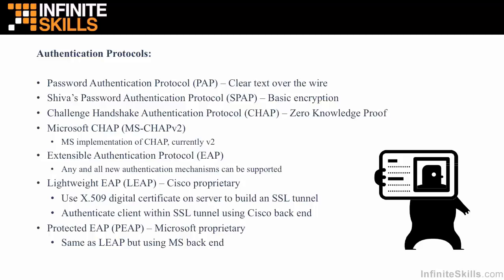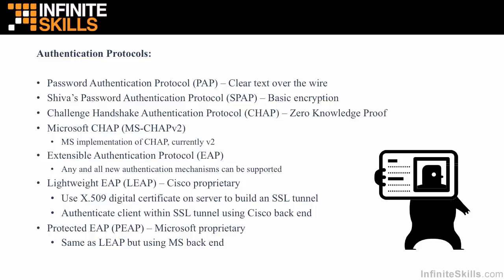An example of these EAP-supported authentication protocols includes Cisco's proprietary lightweight EAP utilizing X.509 digital certificates. Now, that digital certificate is used first to authenticate one or both endpoints. That's the server to the client and the client to the server.